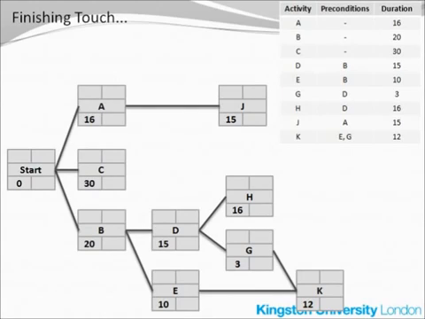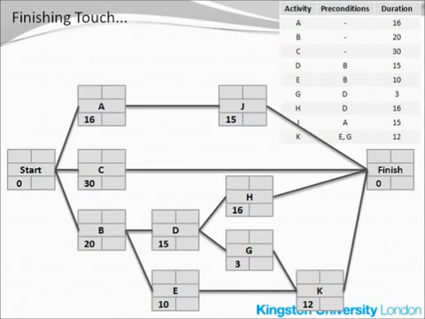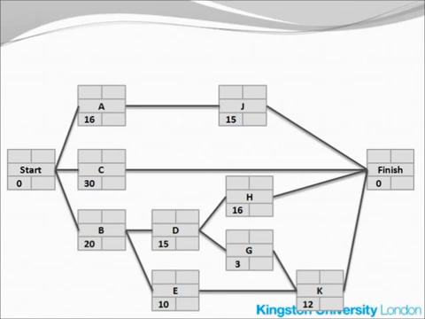So what we need now is the finishing node, which should follow every activity that is not finished at this moment. This is the activity network with all the activities in it, ready to start the calculations.